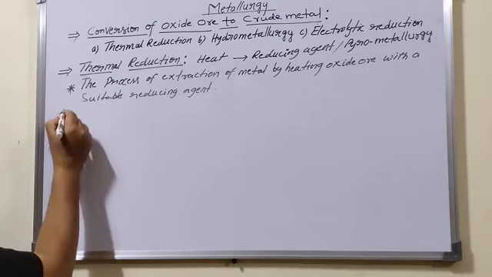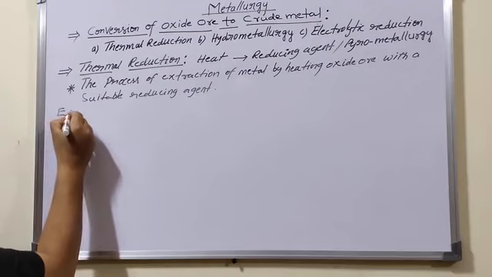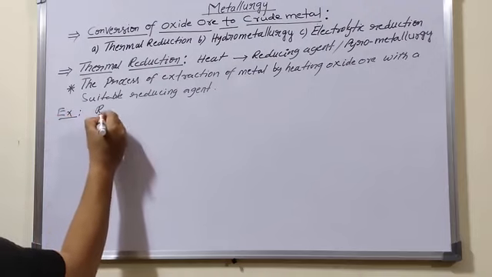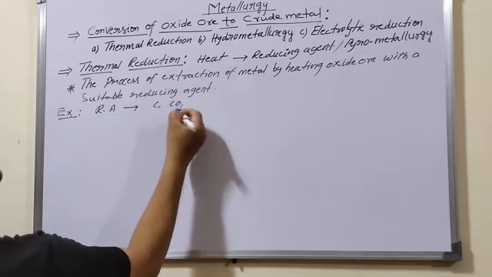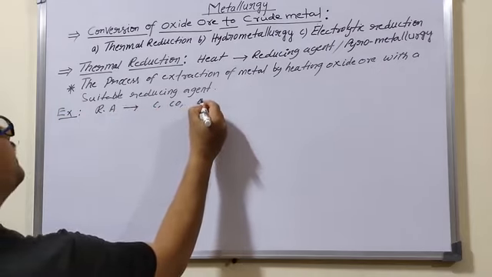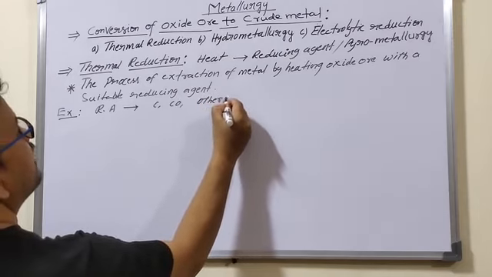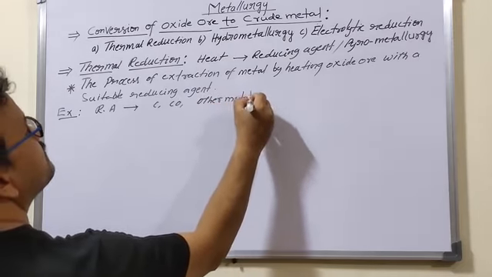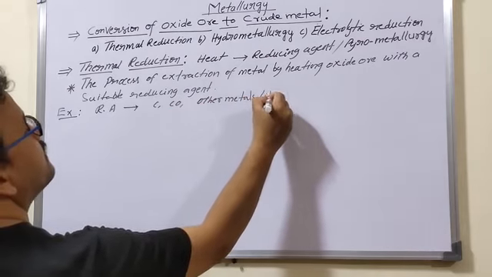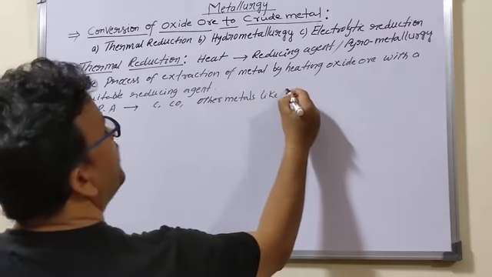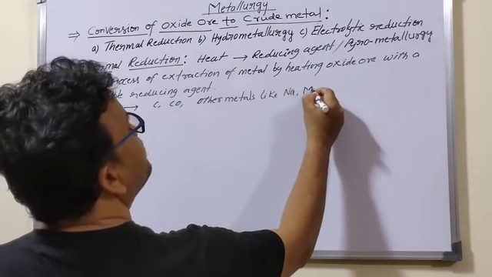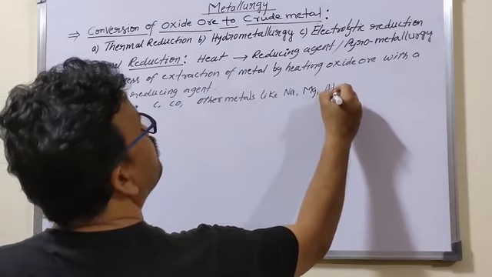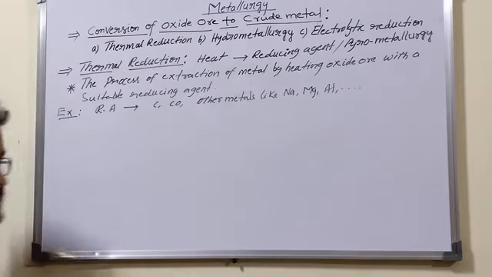Generally, what are the reducing agents we use here? Reducing agents like carbon monoxide, or other metals like sodium, magnesium, aluminum, etc. The metal should be more electropositive.